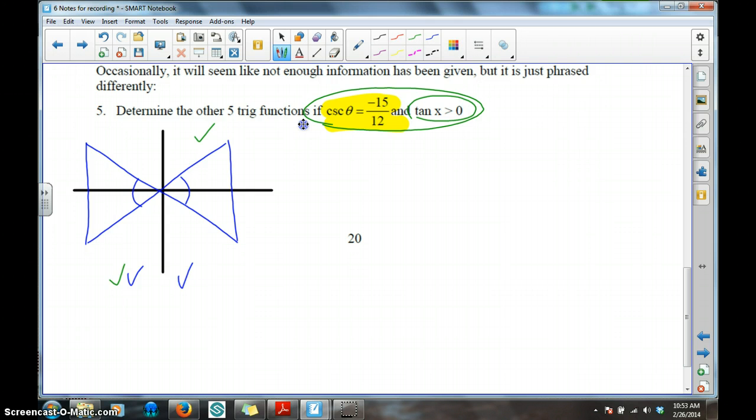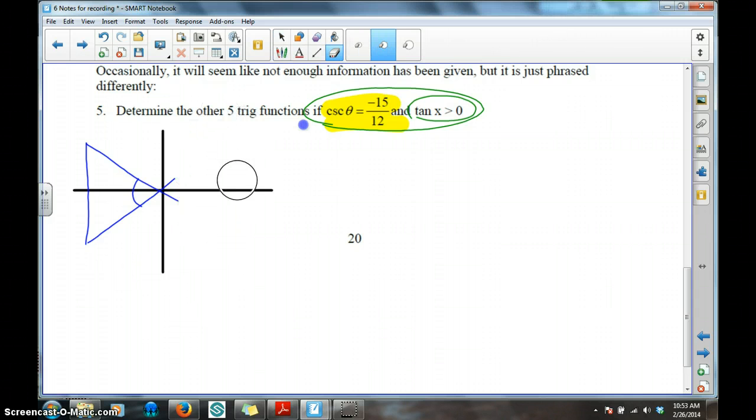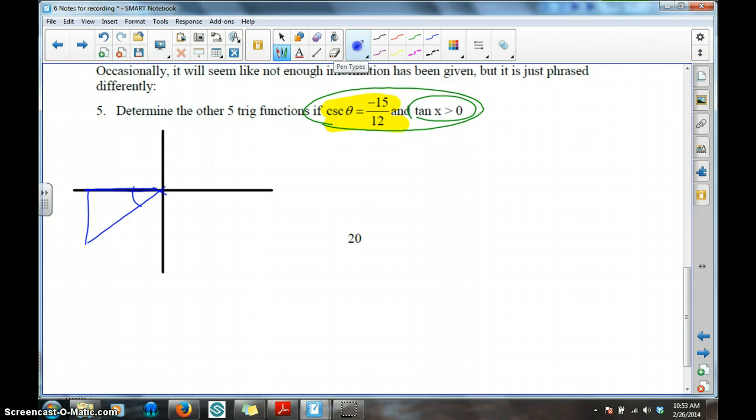Where is the single quadrant that makes both of those attributes happy? 3. I'm going to draw this picture into quadrant 3, and so I'm going to now get rid of or cross out these 3 triangles. The one that I want is right there. So everybody see where I'm getting that from? So that's the only one I want, and it's the one I'm going to focus my attention on. This will be my theta in here.